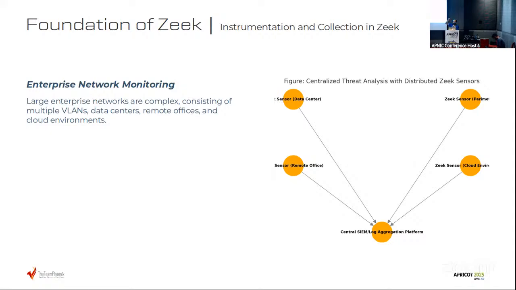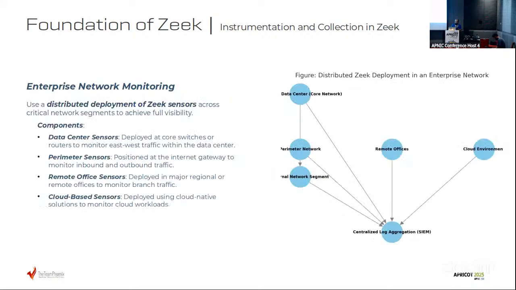What we will do is deploy separate Zeek sensors in Petaling Jaya and Putrajaya, and also in Kuala Lumpur. And we will host our central log aggregator and SIEM platform in Kuala Lumpur. Via that, we will be able to export all the logs from the agents into a central place. So this is how we come up with the solution.